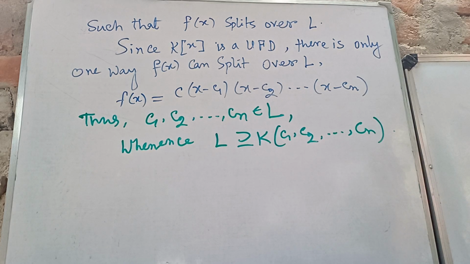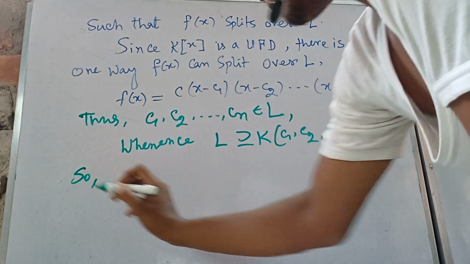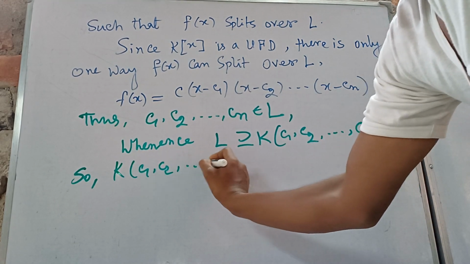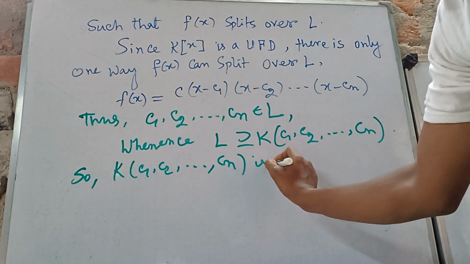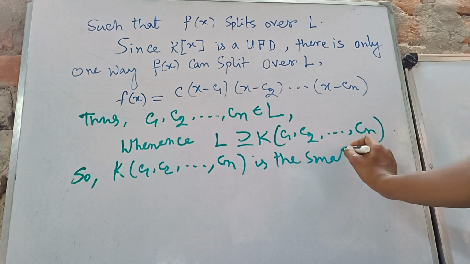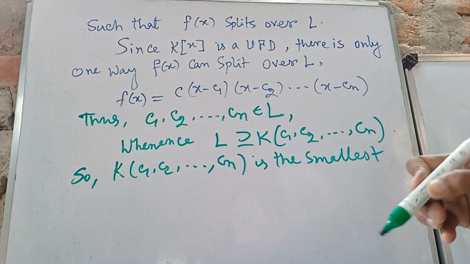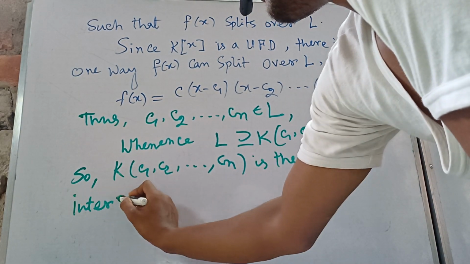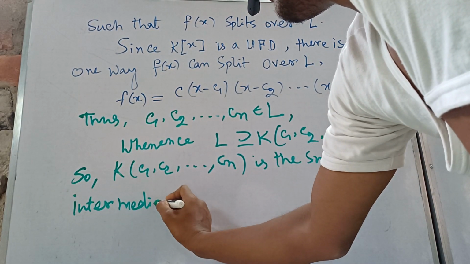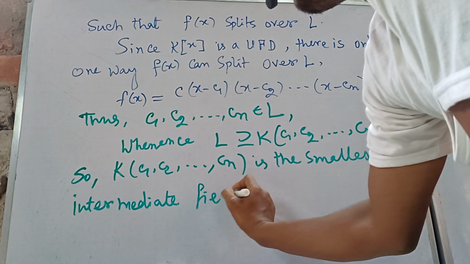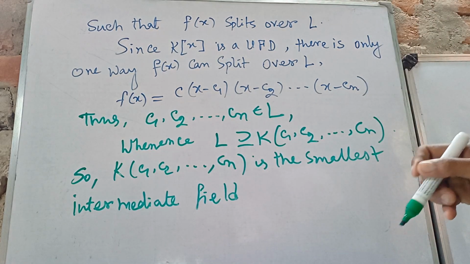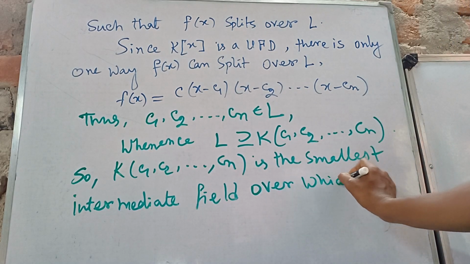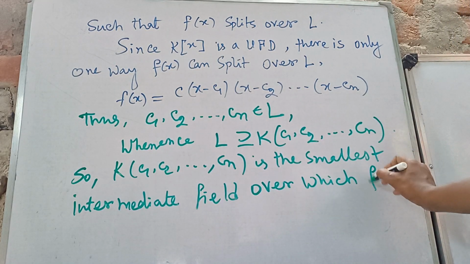So K(c1, c2, ..., cn) is the smallest intermediate field over which f(x) splits.